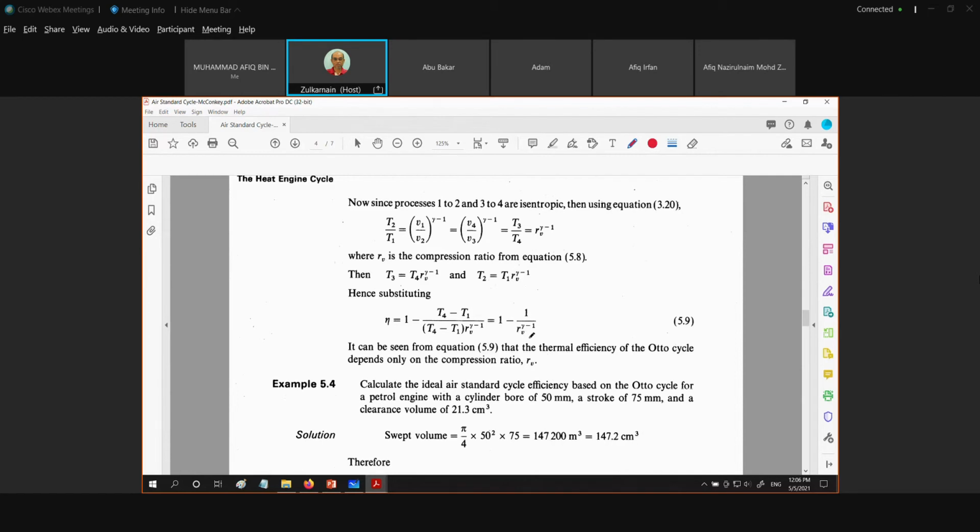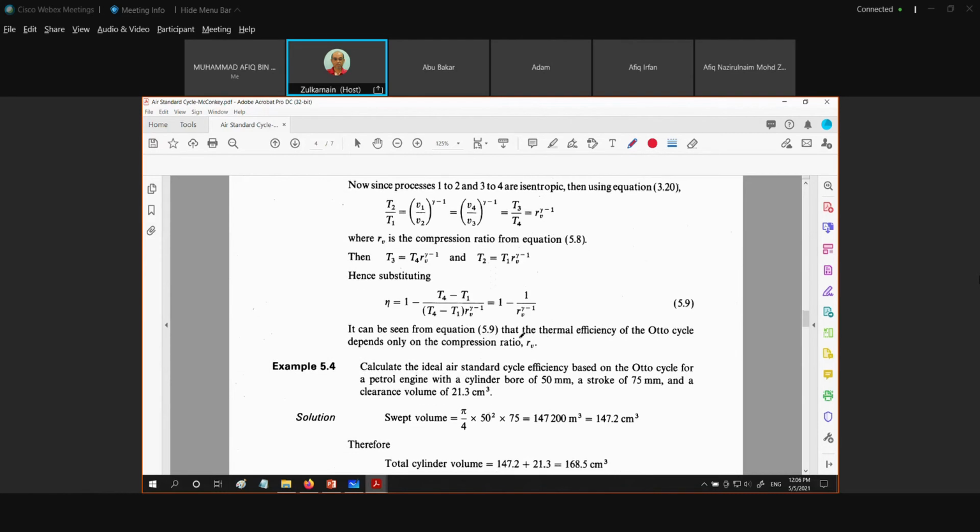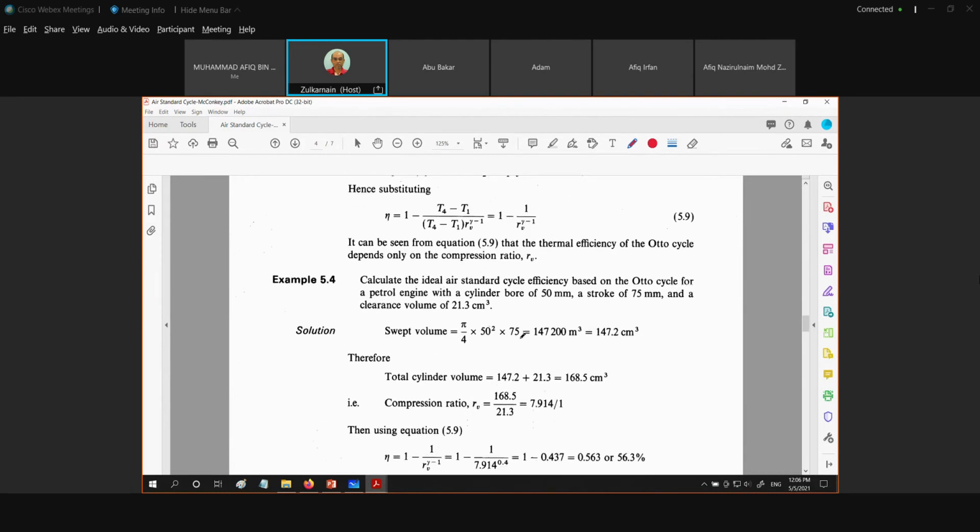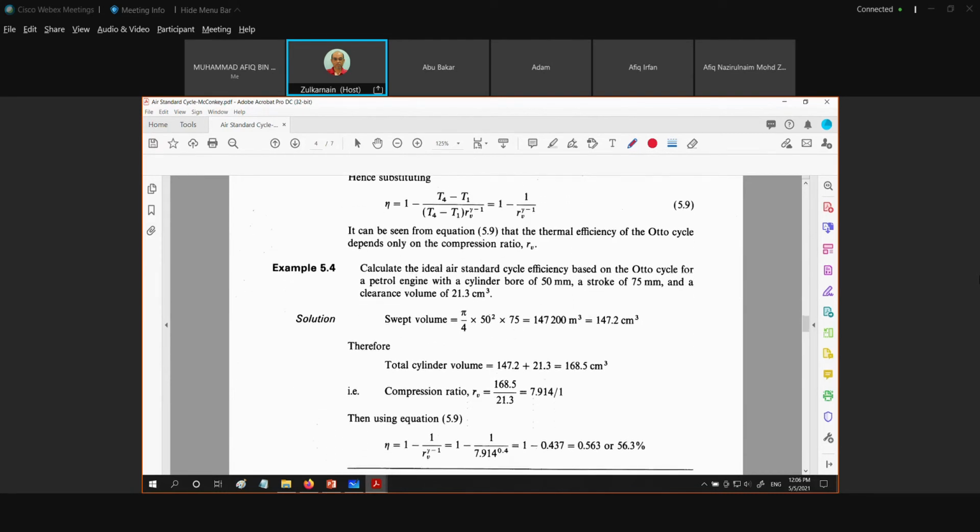And I explained yesterday what is the limitation of compression ratio. It all depends on the type of fuel that is being used. Okay? So this is a very simple example.